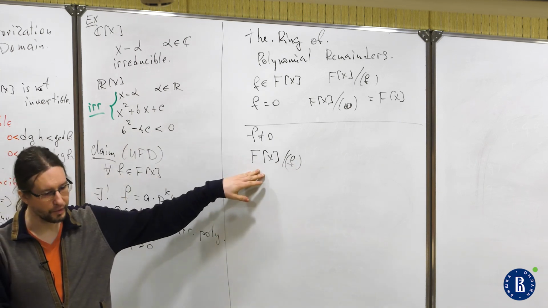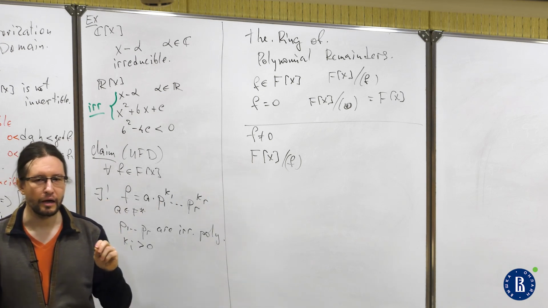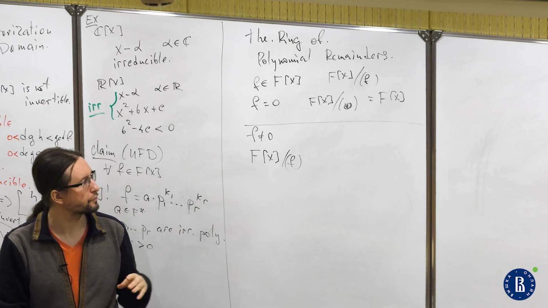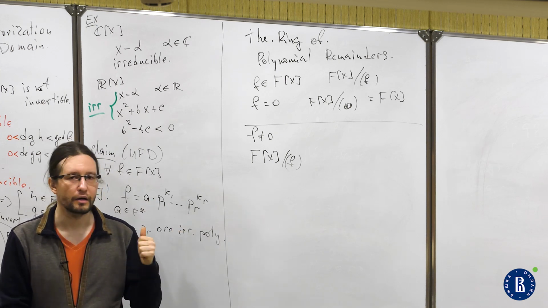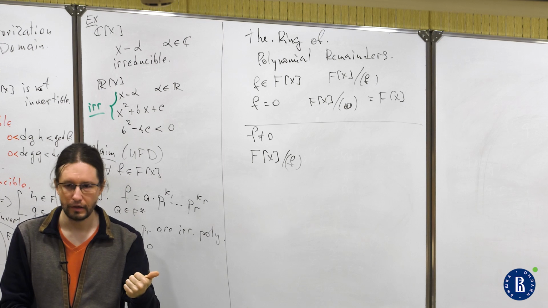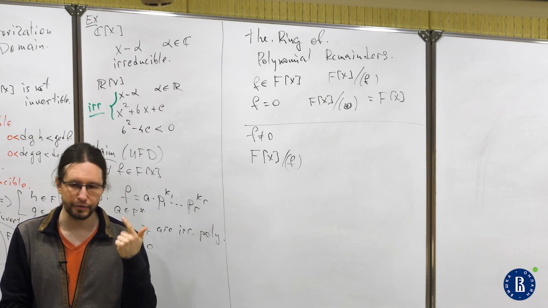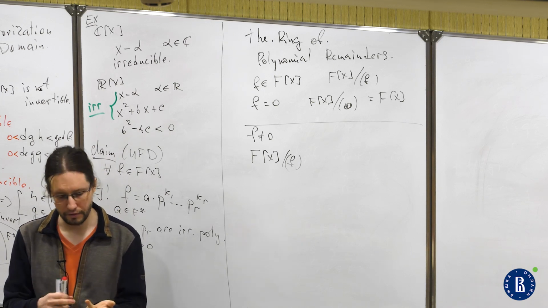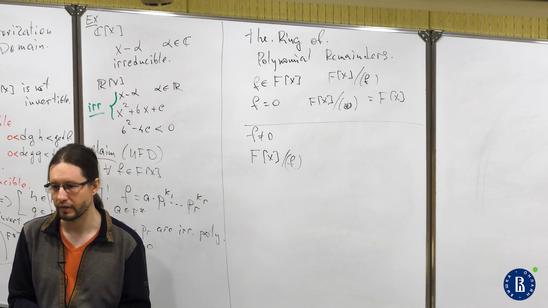This must be a ring. In order to produce a ring, I have to provide you with several pieces of information. First of all, I have to produce a set. Then I should provide you with an operation of addition and an operation of multiplication. And then I have to check that all the axioms of the ring are satisfied.